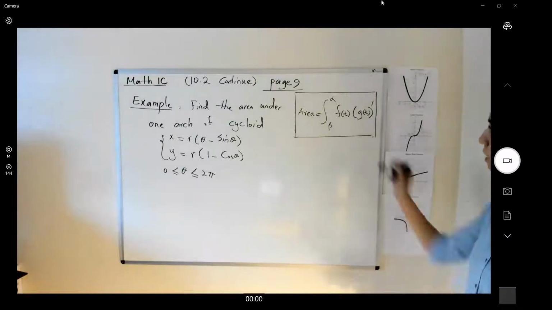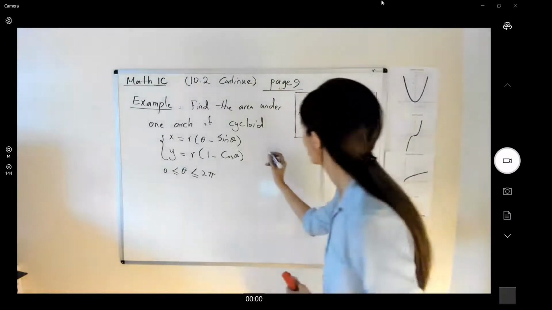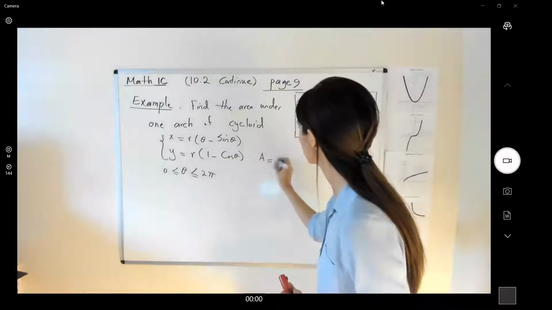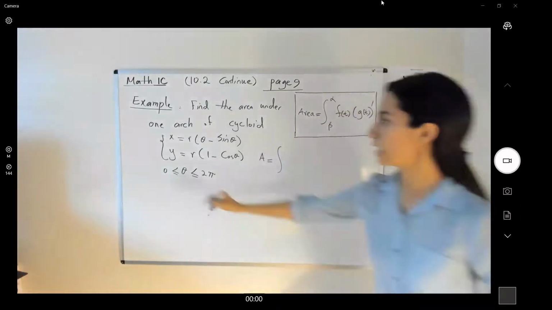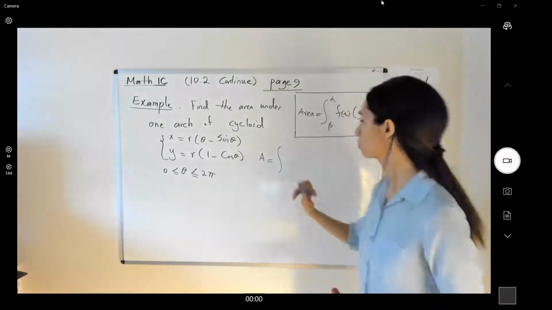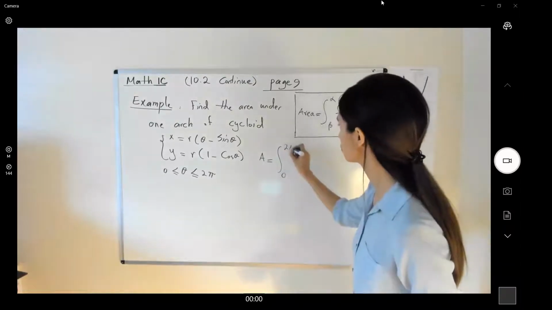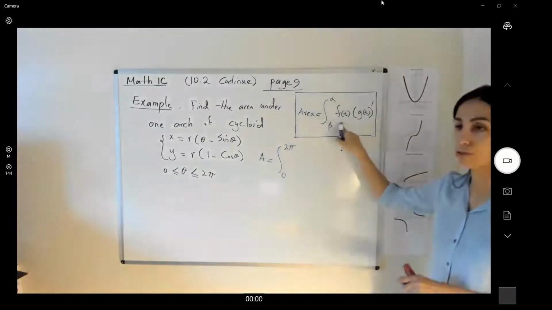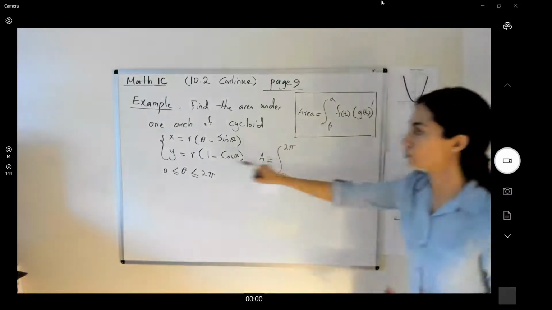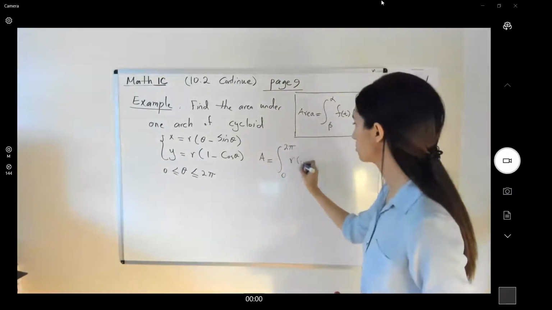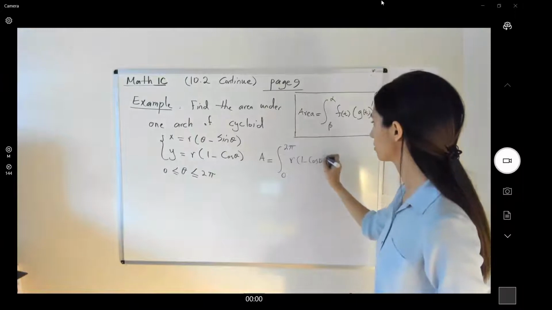Okay. Let us start. The area A is equal to the integral. Our theta ranges between 0 and 2 pi, and your y value is r times 1 minus cosine theta.